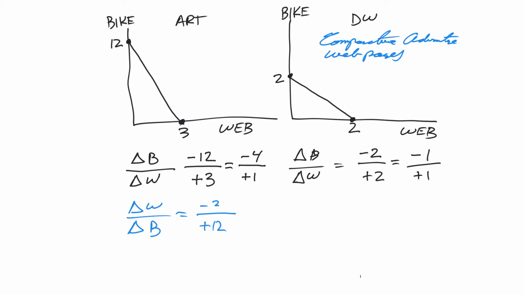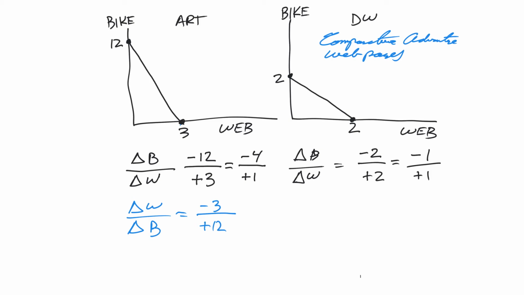So there we are. 12 bike repair cost us 3 web pages. Now again, we don't really want to know what 12 bike repairs cost us. We want to know what 1 costs us. For comparison purposes, that's a lot easier. So we just divide through.